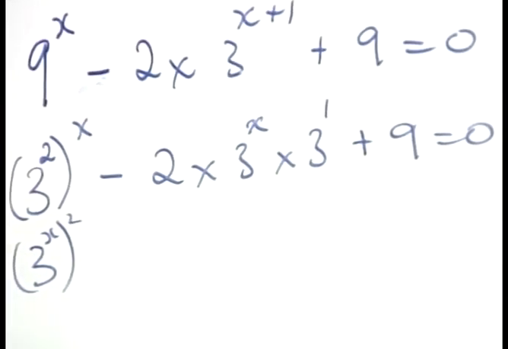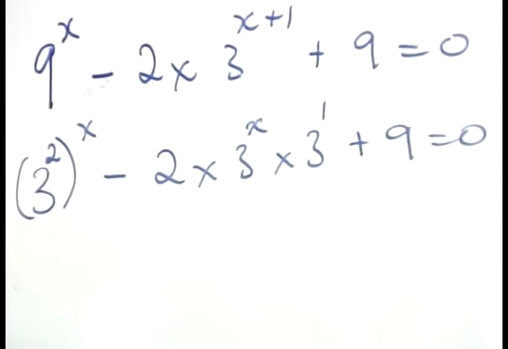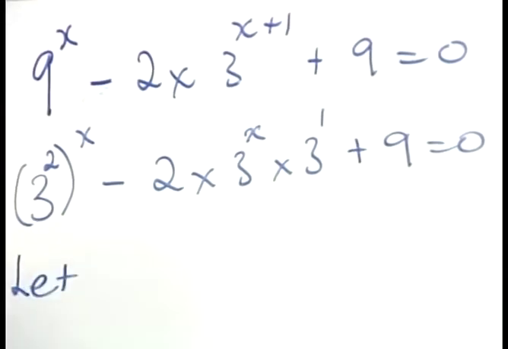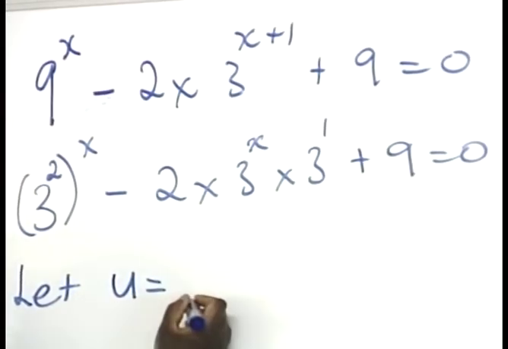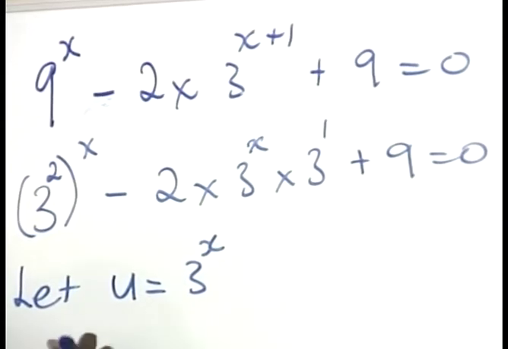So what you do next is, before you solve, because you can't solve the equation like this, you have to use another letter. Maybe u equals 3 to the power of x. Okay.